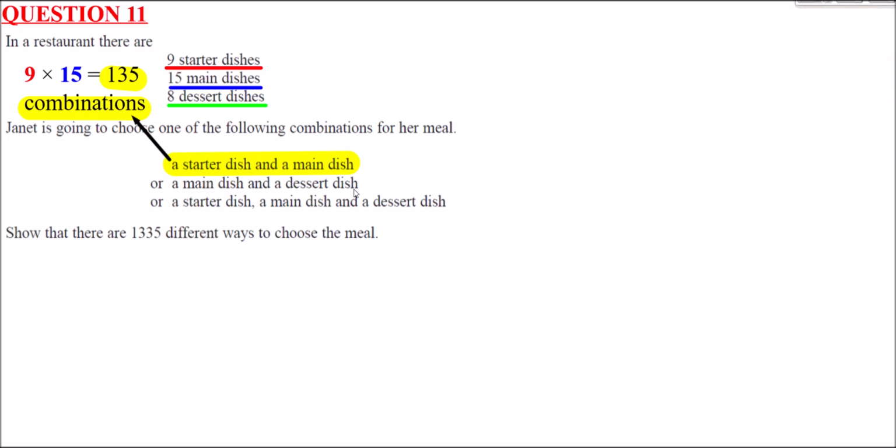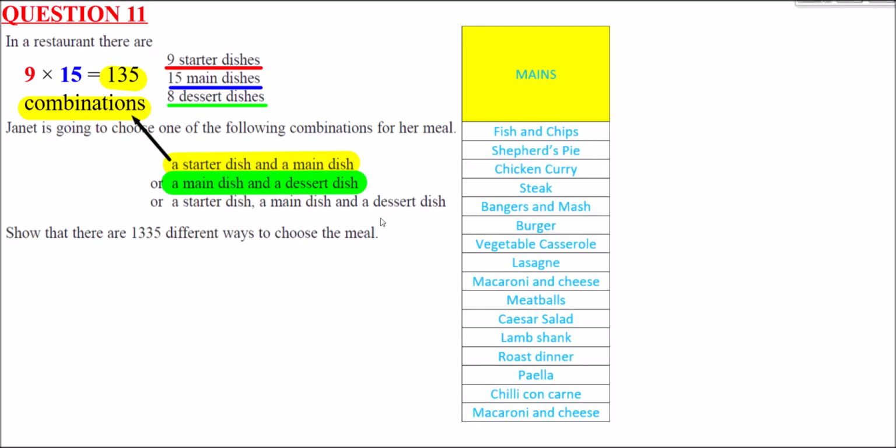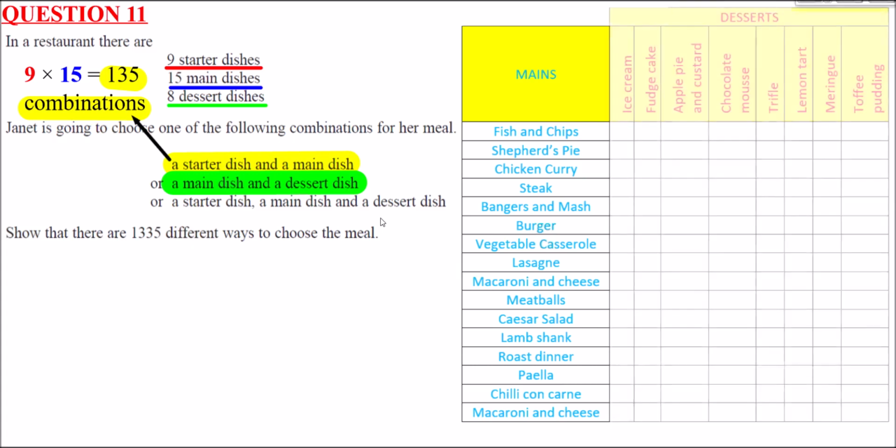Next, what if she picked instead a main dish and a dessert dish? So how would that alter things? So to bring back the mains, she'd have these again to choose from. 15 here, count them if you don't believe me. But now, let's just make up some desserts. So for each of the 15 mains, she'd have 8 desserts to choose, just one of those 8 to go with each main.